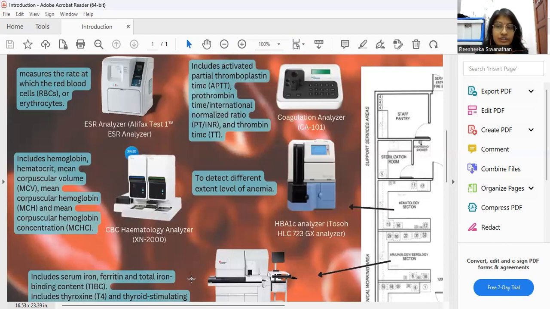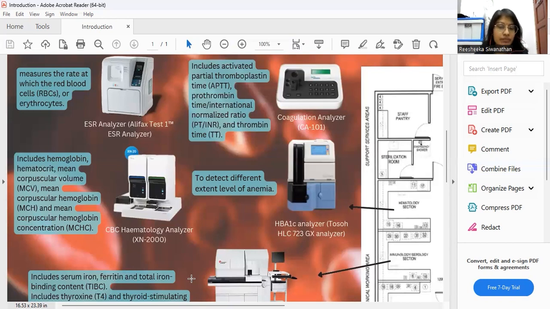Next, coagulation tests include activated partial thromboplastin time, prothrombin time normalized ratio, and thrombin time. These measure the proteins involved in the forming of blood clots, proteins that influence blood clotting, and the time required for typical processes of blood clot formation.